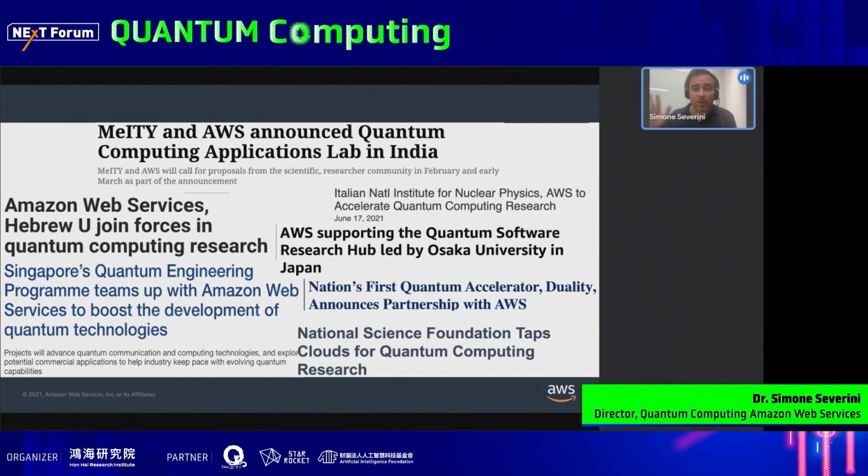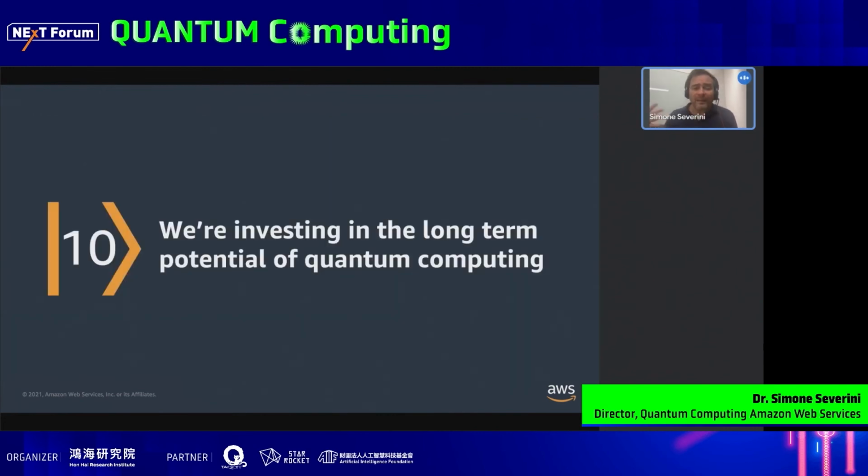There is still a strong scientific component when it comes to quantum computing, and it's important that people can see with their own eyes what is happening in this space to understand even what is true and what is not, in an area which is very new and where lack of information is often filled by noise. So here is a slide with some of the initiatives that we are currently running worldwide together with our partners.